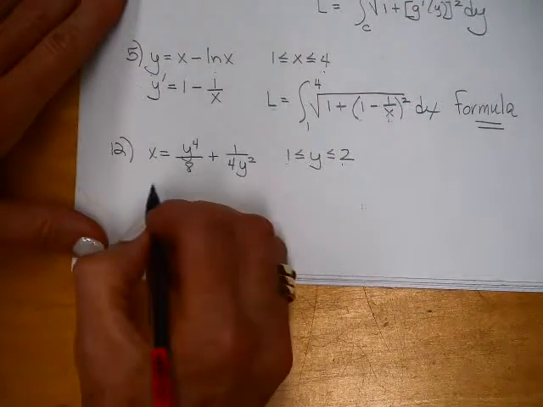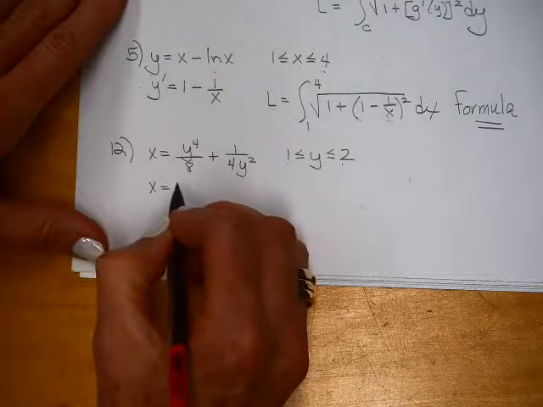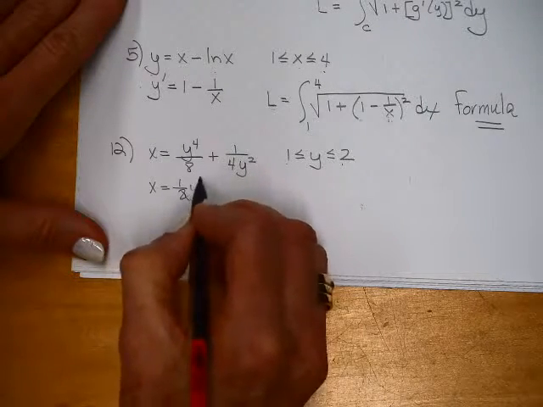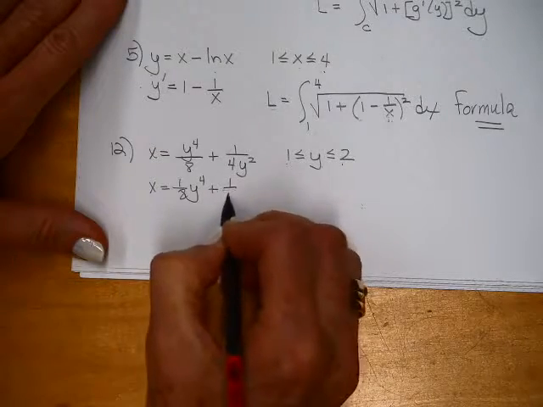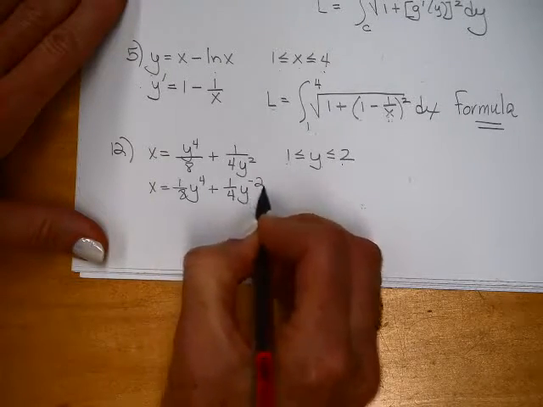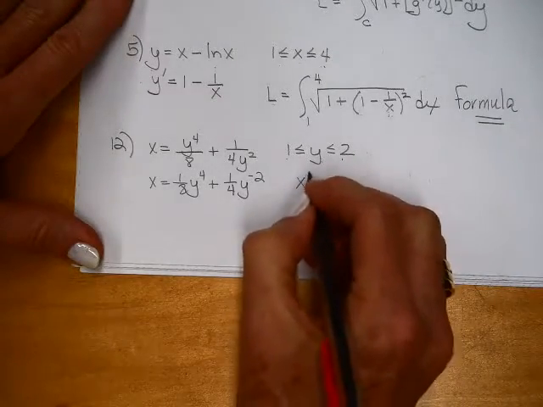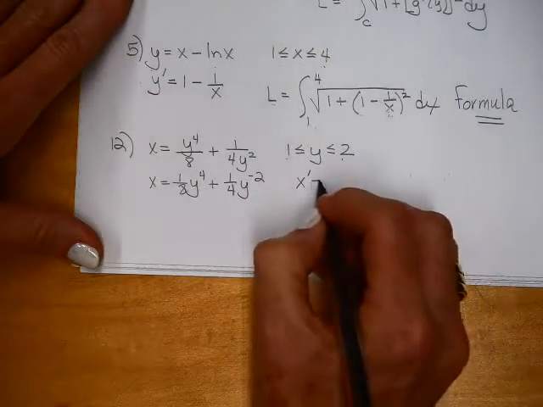And this is my function x. And I'm just going to rewrite this for a second. I'm going to write that y to the negative 2 because I'm fixing to have to take the derivative of this. I need x prime to go in my formula.